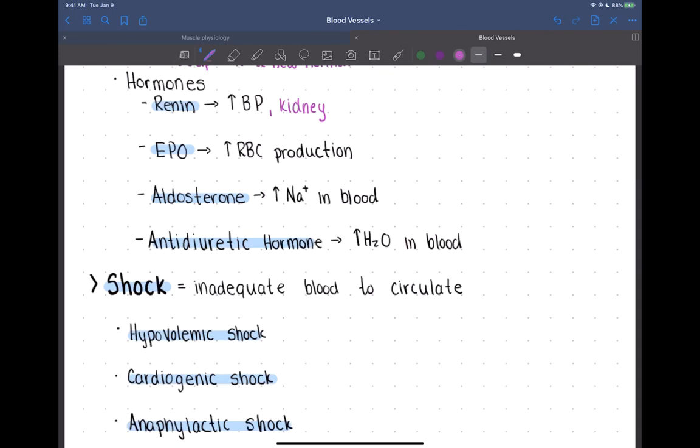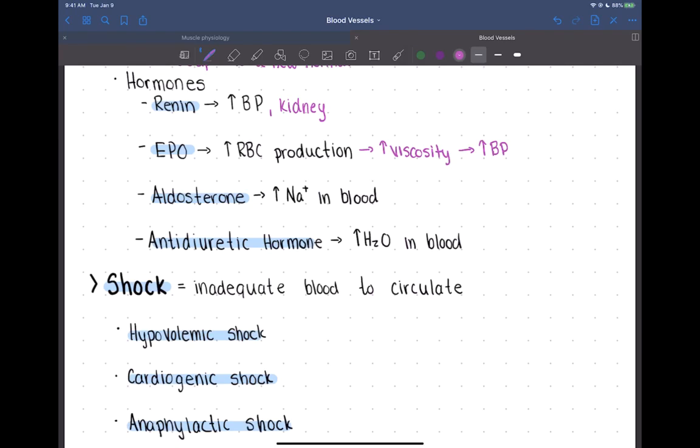Okay, and then we have EPO, which will increase red blood cell production. All right, that would increase the viscosity of the blood, and then as a result, that would increase pressure. Okay, EPO also coming from the kidneys.